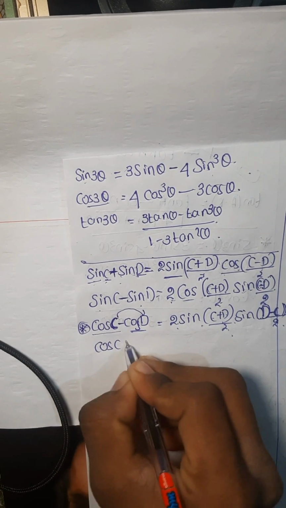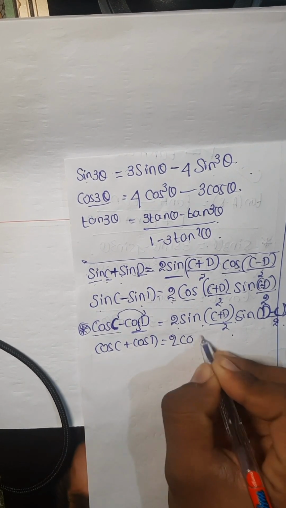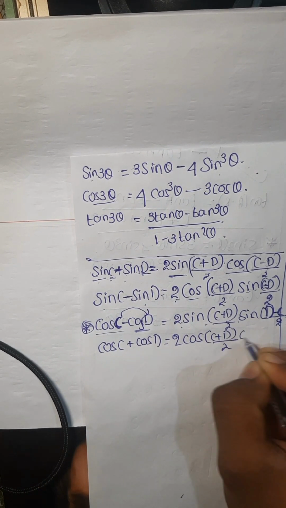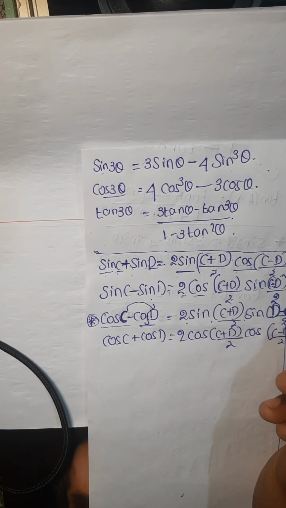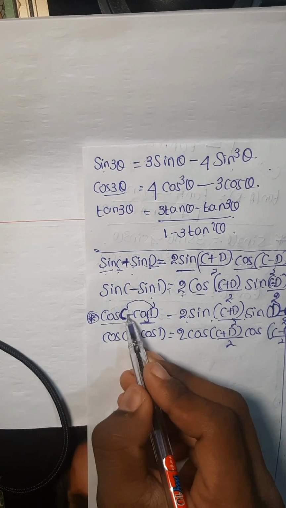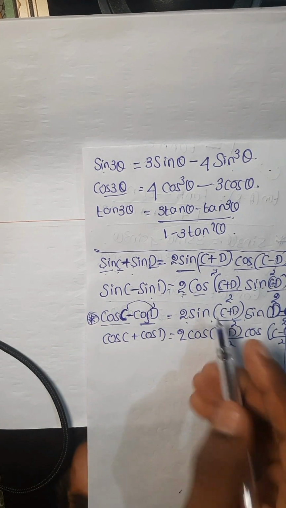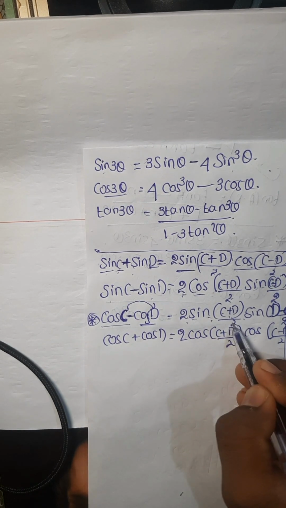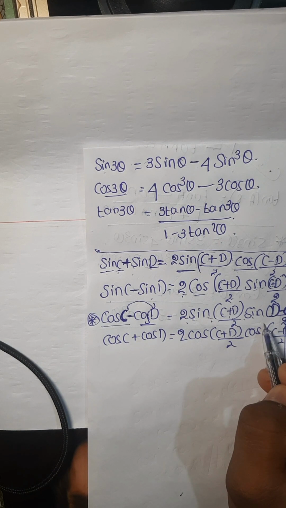Next one is cos C plus cos D, which is 2 cos((C+D)/2) into cos((C−D)/2). If there is a negative sign between cos C and cos D, then it will be 2 sin((C+D)/2) into sin((D−C)/2).